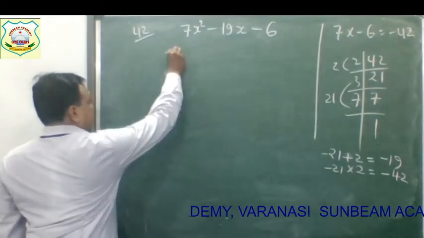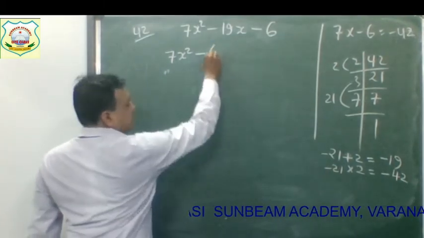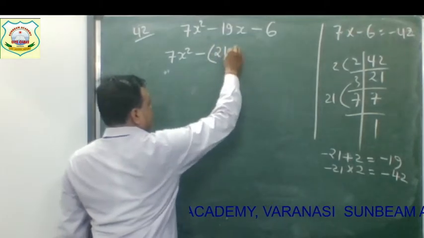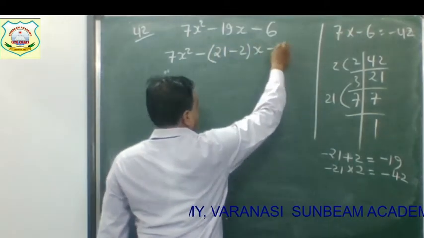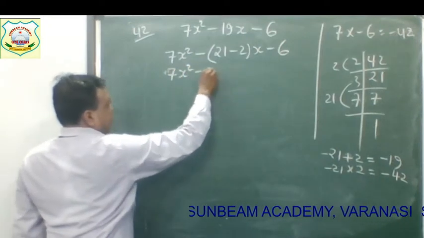So 7x square minus 19x, we will write as minus 21x plus 2x, minus 6. When you open the bracket, 7x square minus 21x.